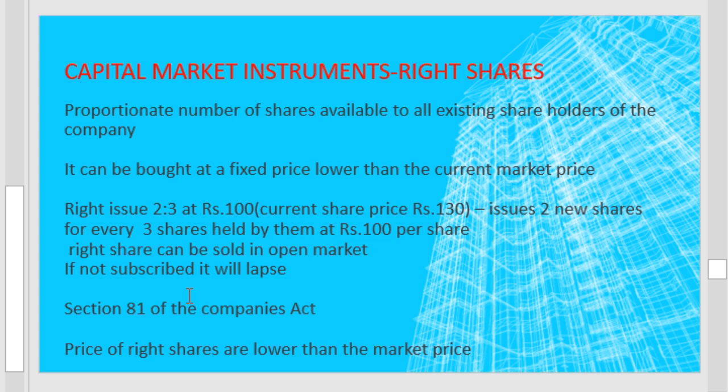Another important feature of right shares is that they can be bought at a lower price than the current market price. A right issue of 2:3 at rupees 100 means that if the current price is rupees 130, the shares are offered to existing shareholders at rupees 100, and they will be issued two new shares for every 3 shares held by them at a rate of rupees 100 instead of 130.